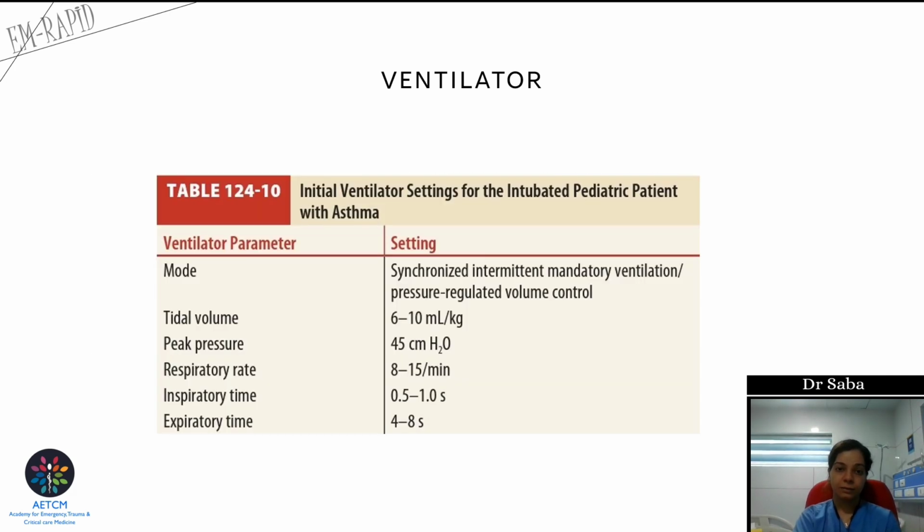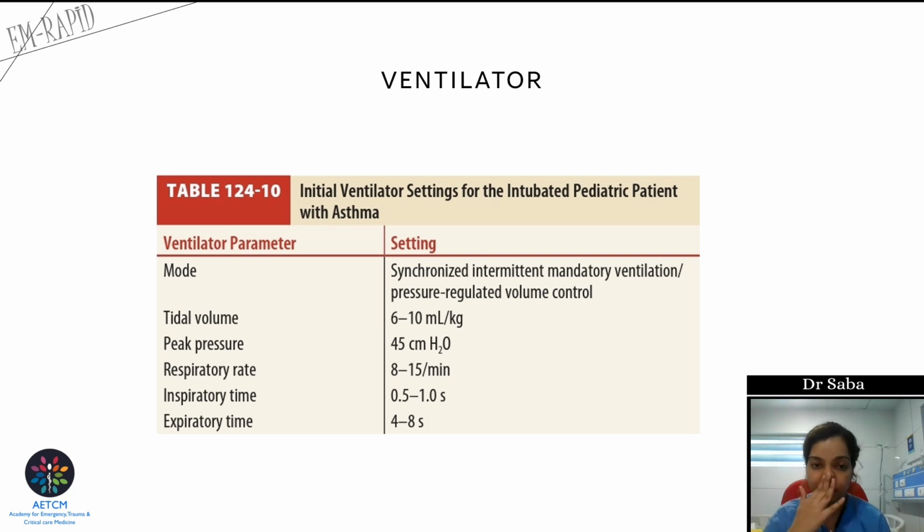So this is just to give an idea of the initial ventilator settings that we aim for if we were to intubate a child with pediatric asthma. The mode would generally be a PCV mode, or synchronized intermittent mandatory ventilation, that is SIMV mode, or pressure regulated volume control mode.